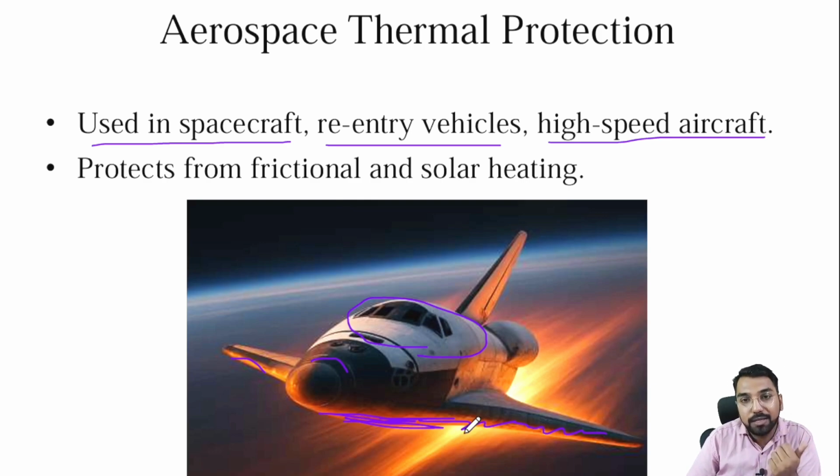So to avoid this, insulating material is provided at the bottom and at the nose, so that the heat transfer is minimized. This is a very important application of heat transfer. For calculating this, complicated modeling has to be done, and after that the analysis is done.